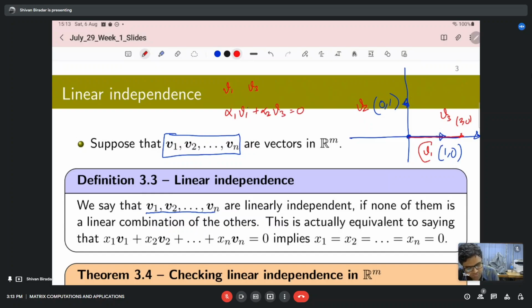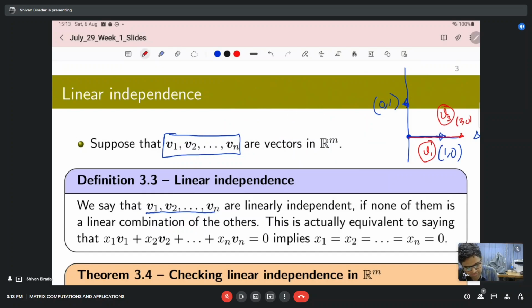Are v1 and v3 linearly independent or dependent? v1 is 1, 0 and v3 is 2, 0. If alpha 1 is equal to 2, then this will be 2, 0. If alpha 3 is minus 1, then it will be minus 2, 0, which sums to 0, 0. So this is linearly dependent.